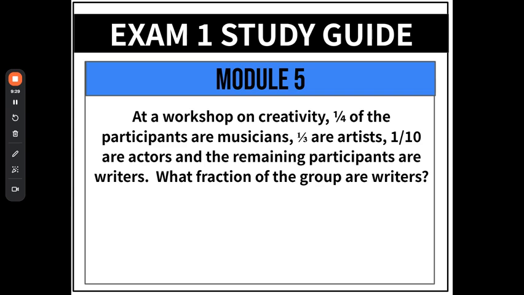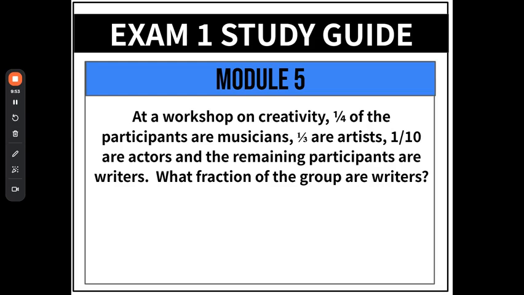At a workshop on creativity, 1/4 of the participants are musicians, 1/3 are artists, 1/10 are actors, and the remaining participants are writers. What fraction of the group are writers? Okay, so here our best bet is to go ahead and write an equation.